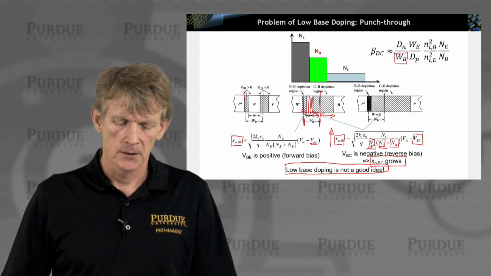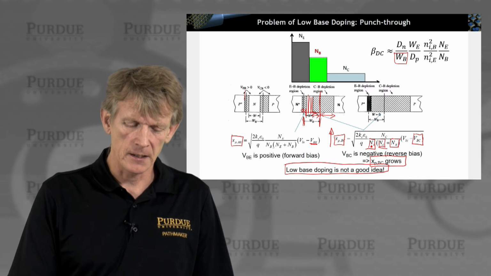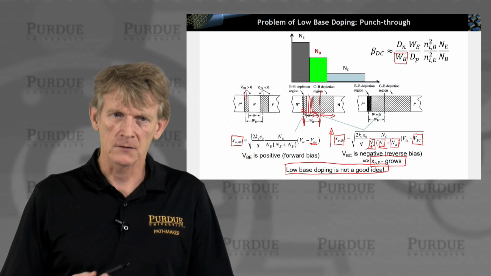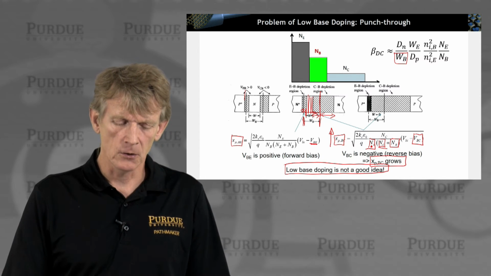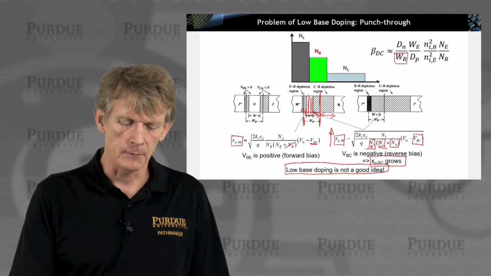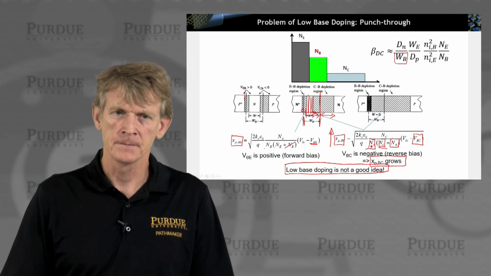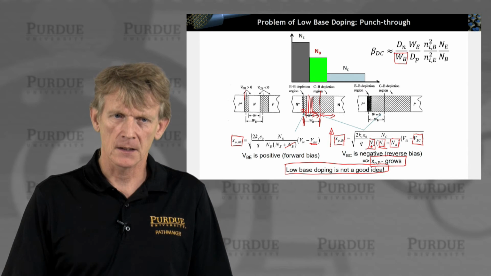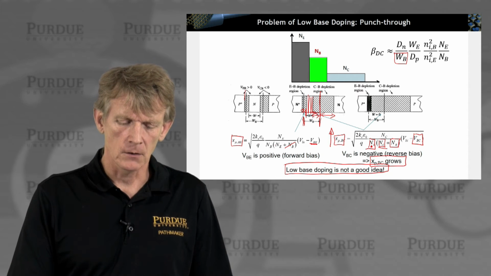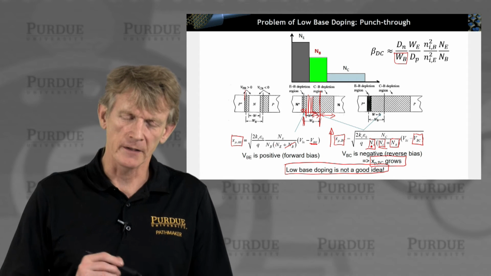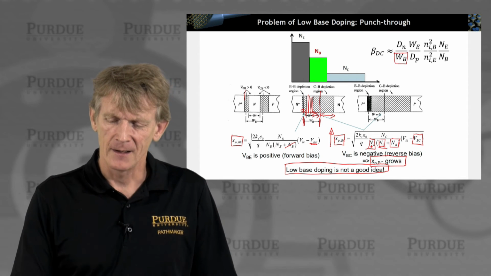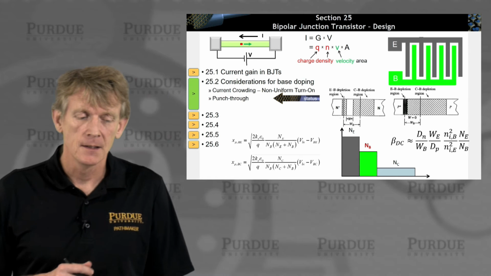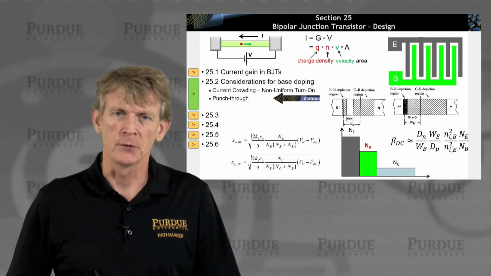Okay? Similarly here, if you say, well, my emitter doping is larger than the base doping, so I can neglect this term here, but again, I'm stuck with 1 over NB. Oh, this goes in the other way though, so never mind, I'm sorry. All right, so that's punch-through.